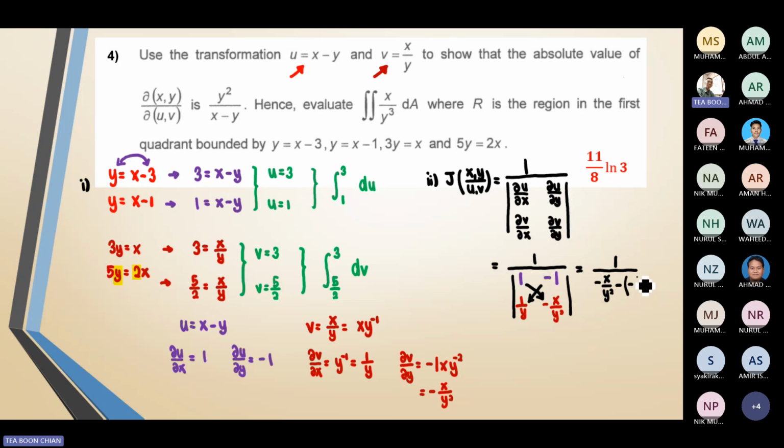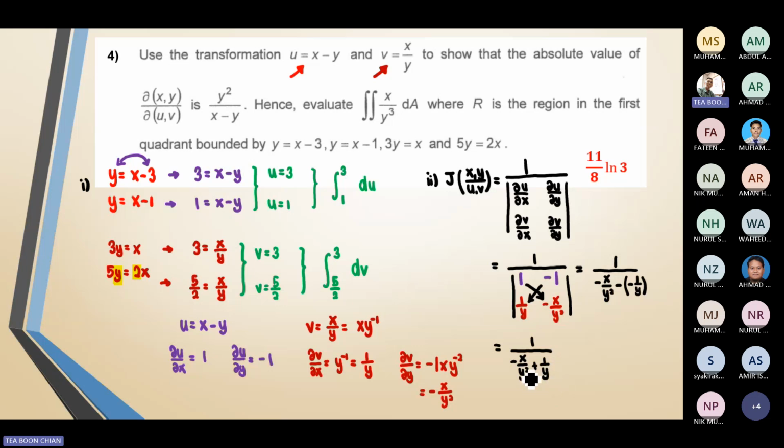We have negative 1 over y. Okay. Simplifying this term, we have negative x over y squared plus 1 over y.